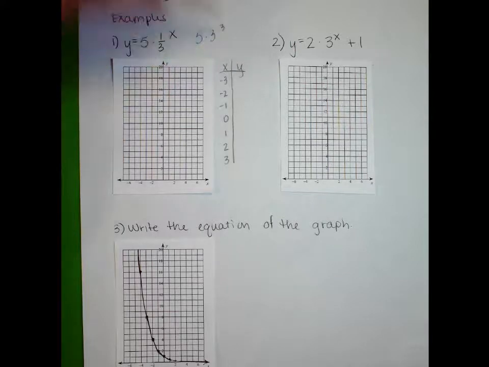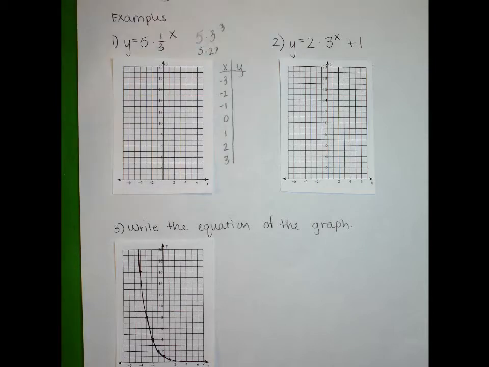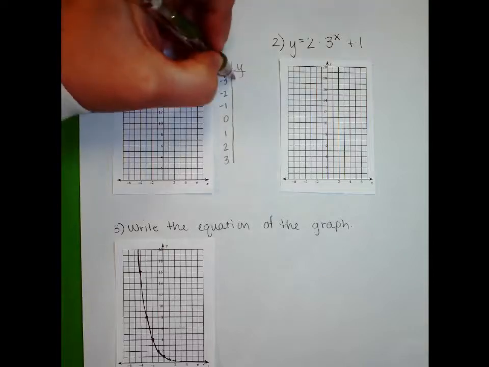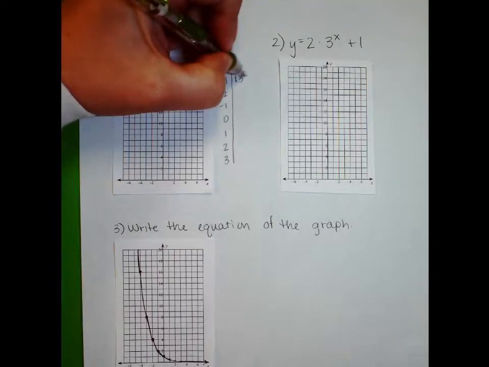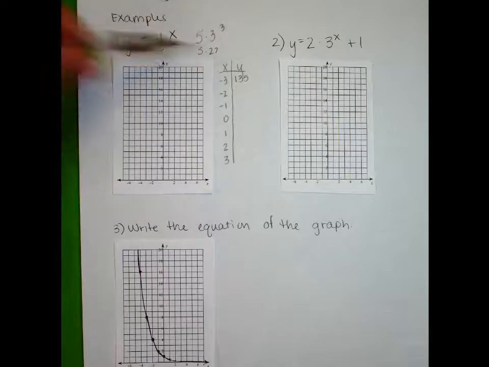So now we have 3 to the 3rd power times 5. 3 to the 3rd power is 27. So we have 5 times 27. And then when we multiply those two numbers together, we get an output of 135. Since our y-axis only goes up to 20, that's not going to fit.